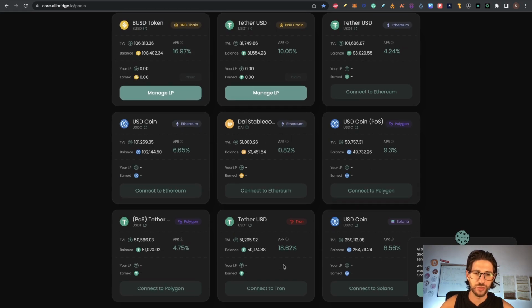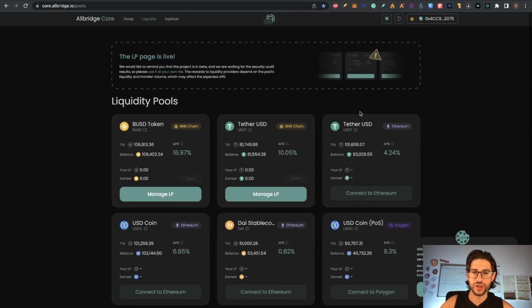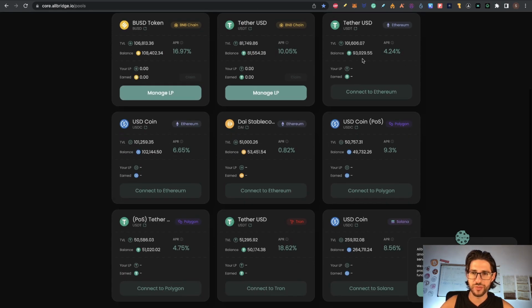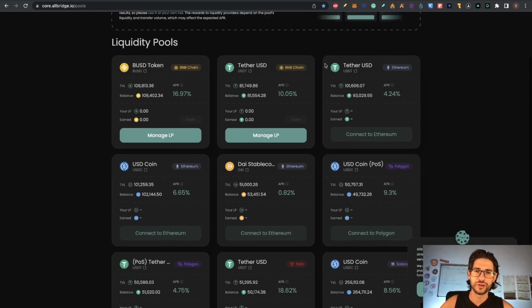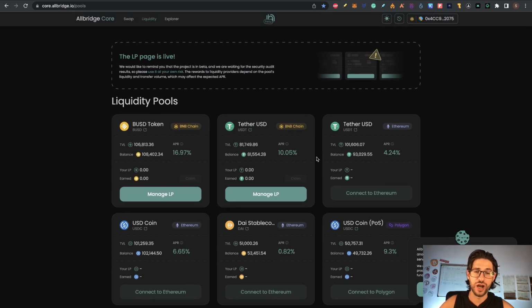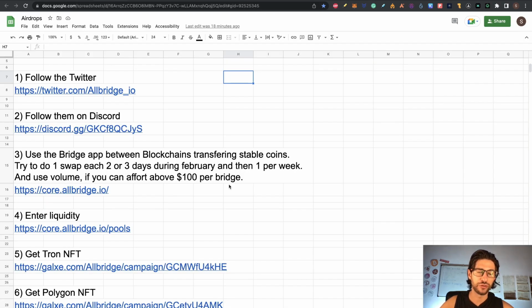There are different liquidity pools according to the different networks. So try to enter maybe Ethereum and Binance, maybe in 1 or 2. And leave the money there. You will need to leave it in order to provide liquidity. You will earn some APRs here, but I will leave it until we get news about the possible airdrop. So enter into the liquidity pool is the point 4.